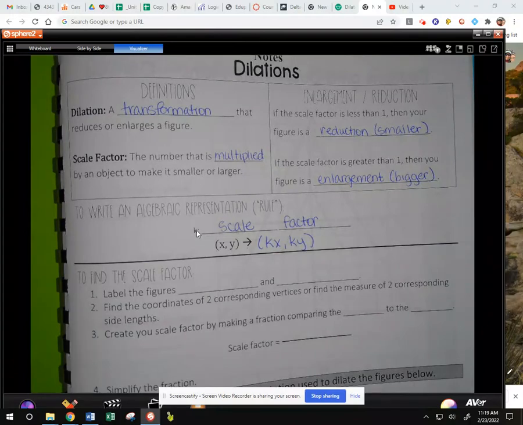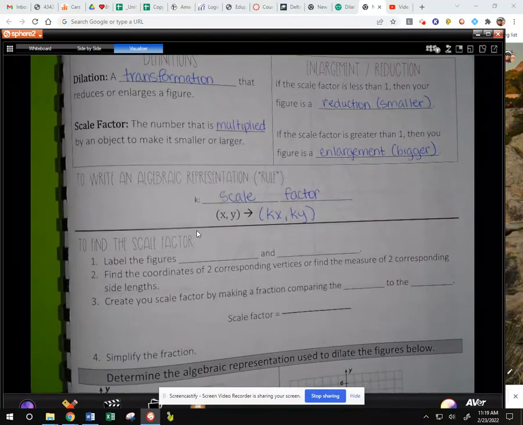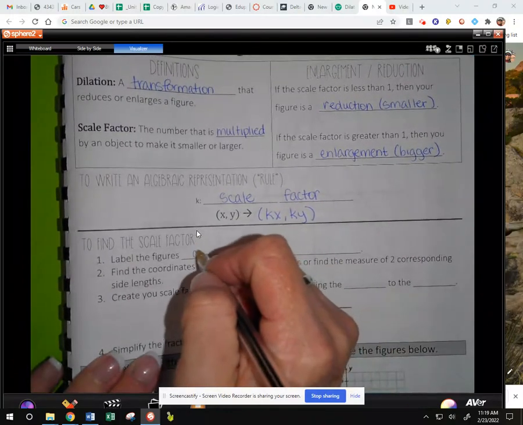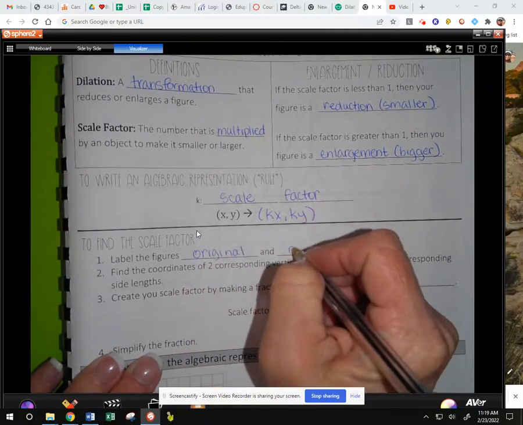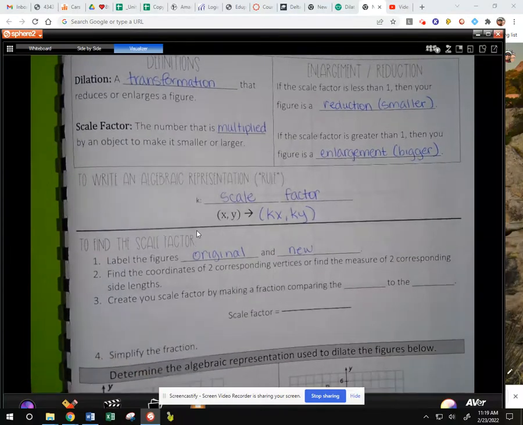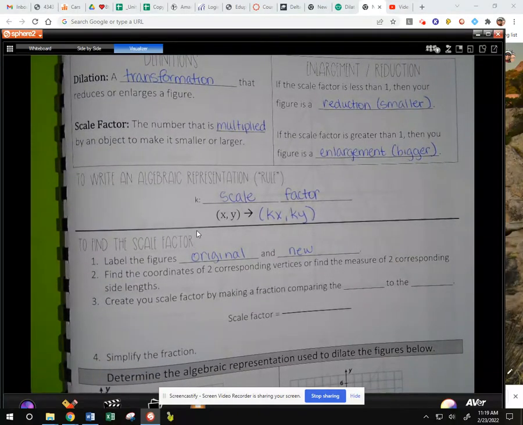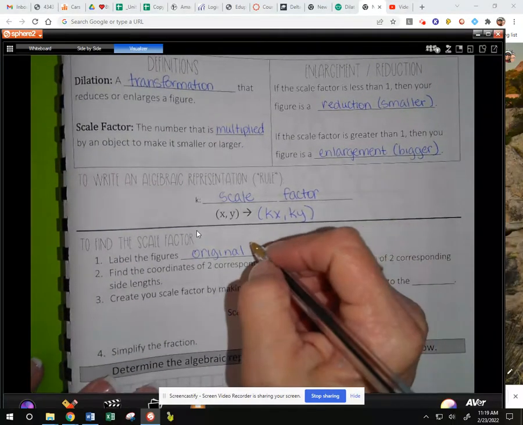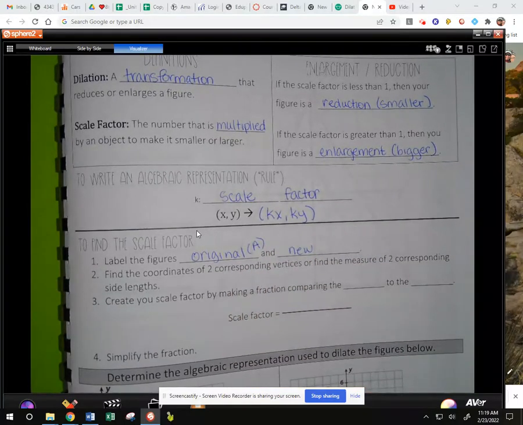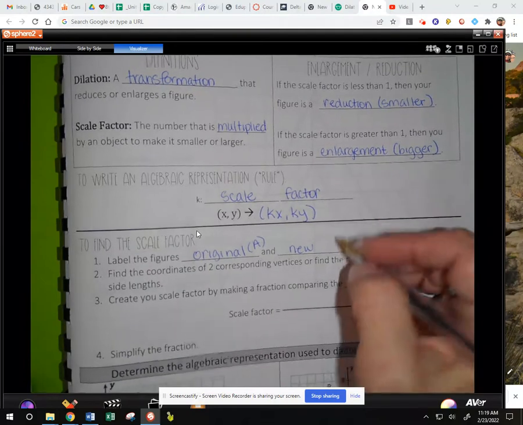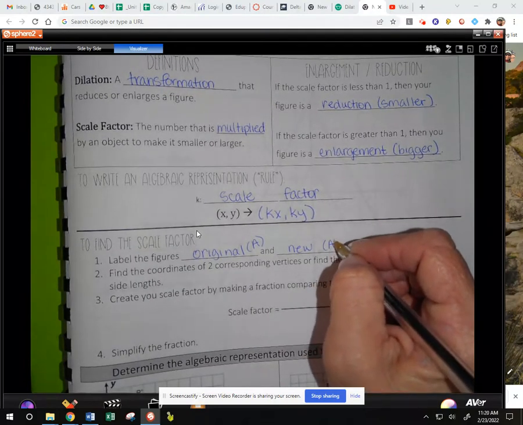Okay, so how am I going to do this? I'm going to label the figures original and new. My original will be labeled by a variable, and that variable might just be the letter A. My new might be labeled as A prime.